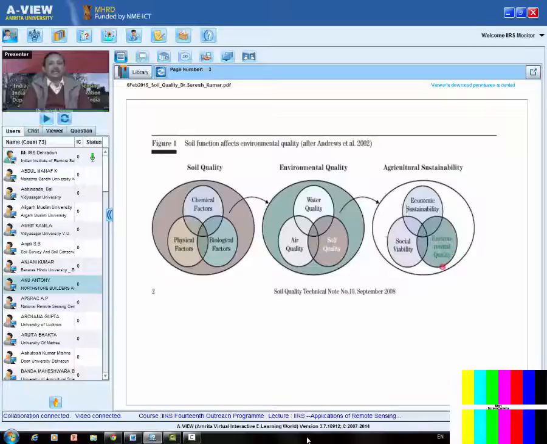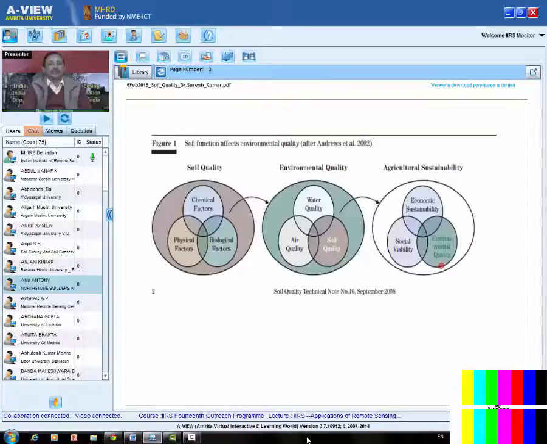And then comes the environmental quality. Sometimes we are getting very good yield from a particular land use or crop, but it is affecting our environment. For example, we are incorporating more and more fertilizer to the soil and getting good yield, but at the same time some nutrients go into the groundwater.